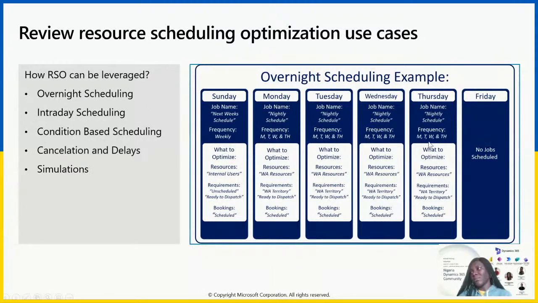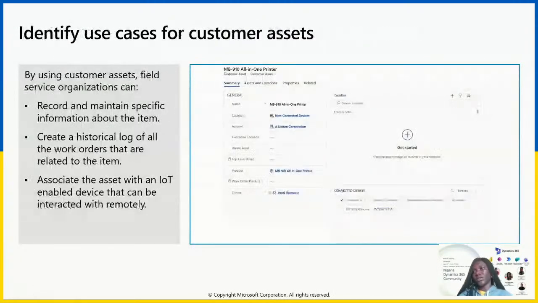And these are some of the examples of the way RSO can work for you. You can say the resources you want to optimize are Washington-based resources or resources in a particular location. You want it to run every night at this particular frequency. So that's how RSO optimization works for us with specific use cases.